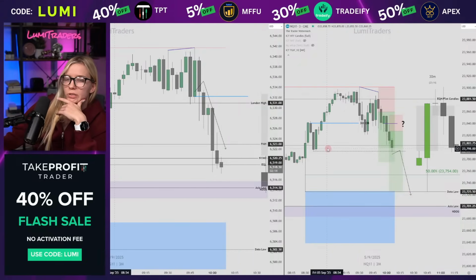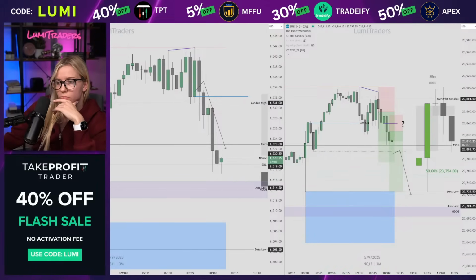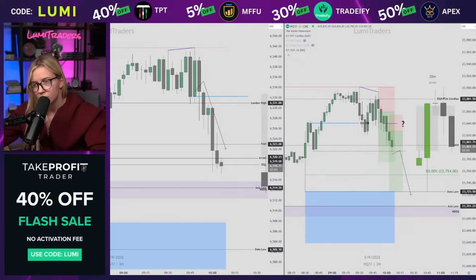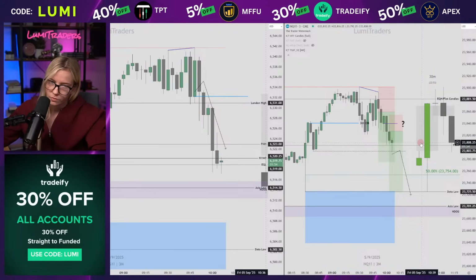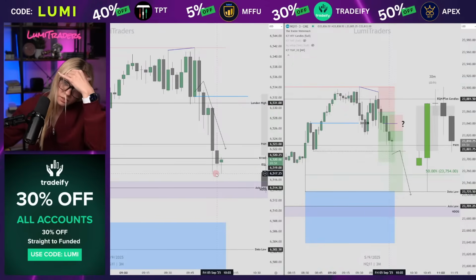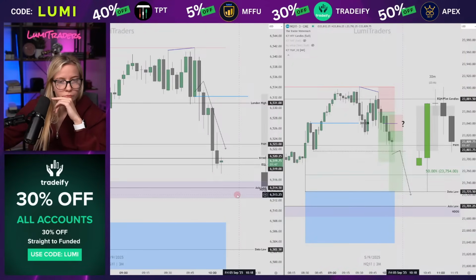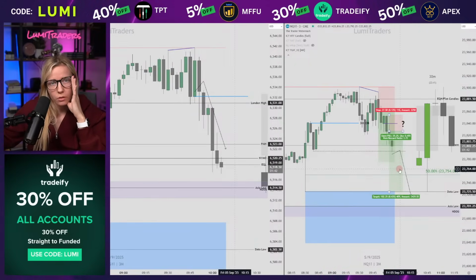So basically we just broke this order block, so it doesn't look bad anymore to short from this area right now. So at this point, ES can go to the new day opening gap. Yeah, kind of like a right now opportunity to short.